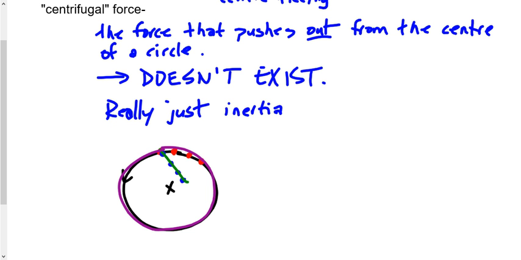I'm being pushed inward from the outside, pushed into the center by the centripetal force. What does it feel like to me? I'm being pushed outward. Just like when I accelerate forward in my car, I feel like I'm being pushed back against my seat. So we could say it's really just inertia. Well, sometimes it's inertia and the centripetal force.